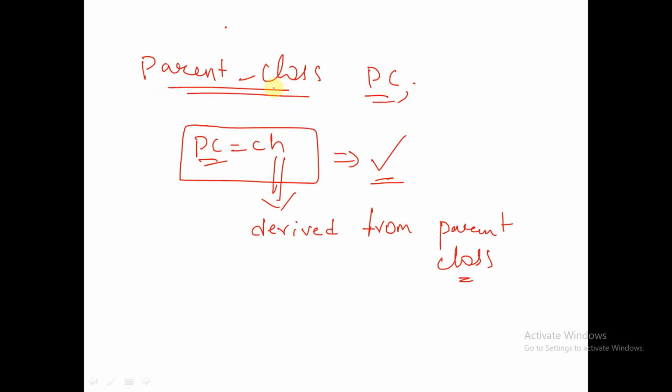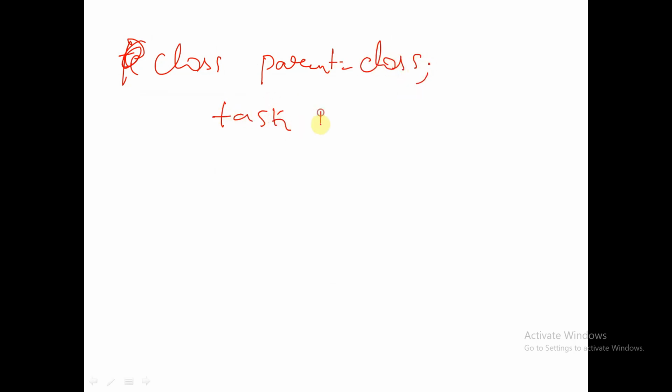Since we have a task in the parent class, say this is class parent_class, and here we have one task called t1 with some logic, end task, and ending the class.